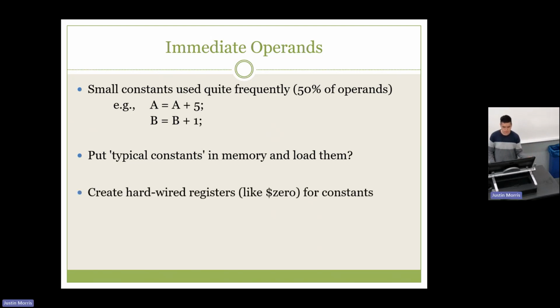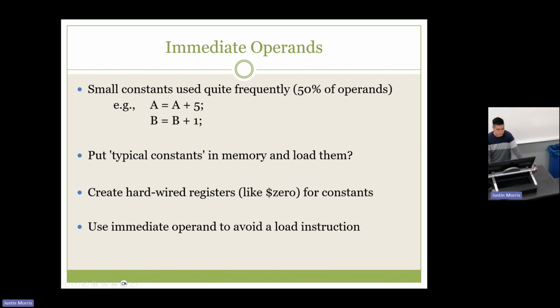So one option is this hardwired register for 0, but the other way is we allow using an immediate operand to avoid this load instruction. Because memory is, again, about 100 times slower than the CPU. If you can remove this load instruction that could cost you 100 cycles of stalling, you'll want to do it.